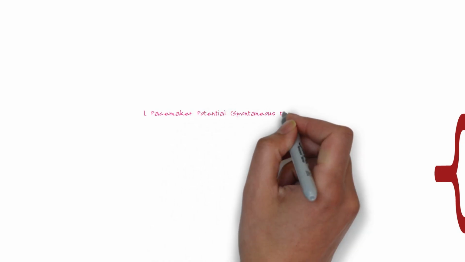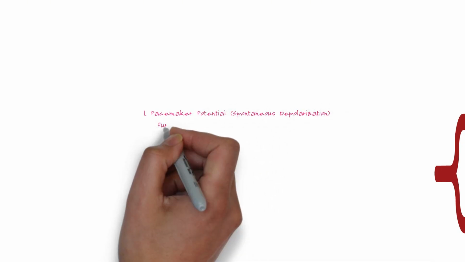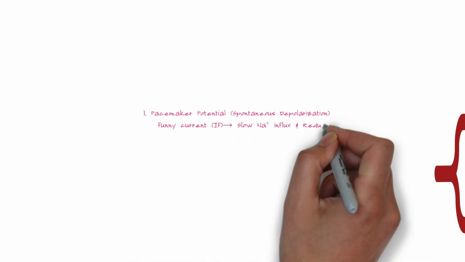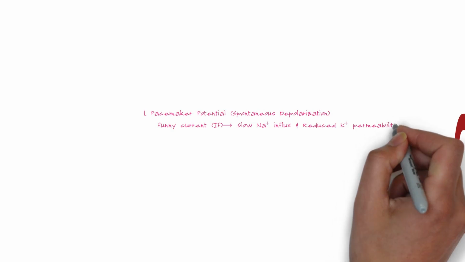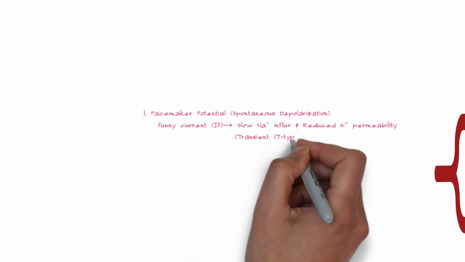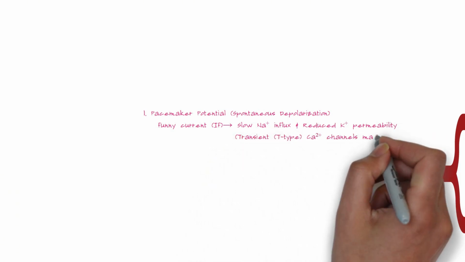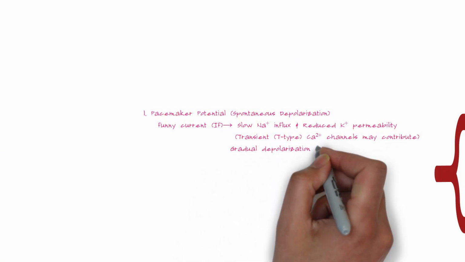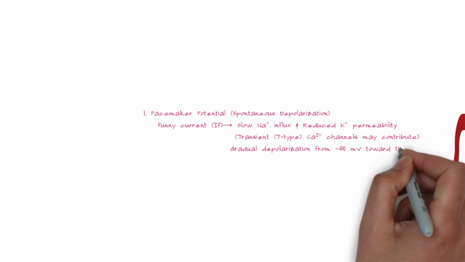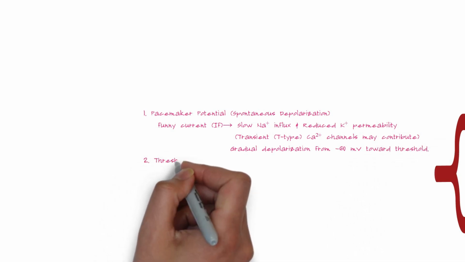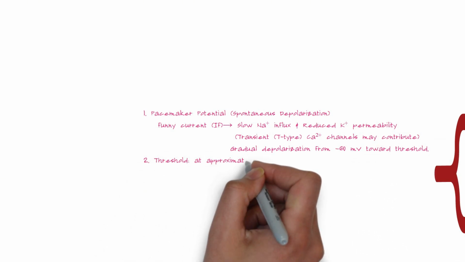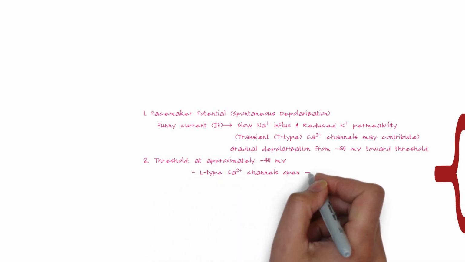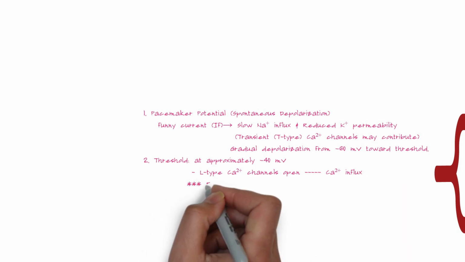In the SA node, we do not have a stable resting membrane potential, rather we have a slow spontaneous depolarization caused by the funny current. And when we reach the threshold level, which is minus 40 millivolts, the calcium channels open. The L-type calcium channel allows the influx and the depolarization.